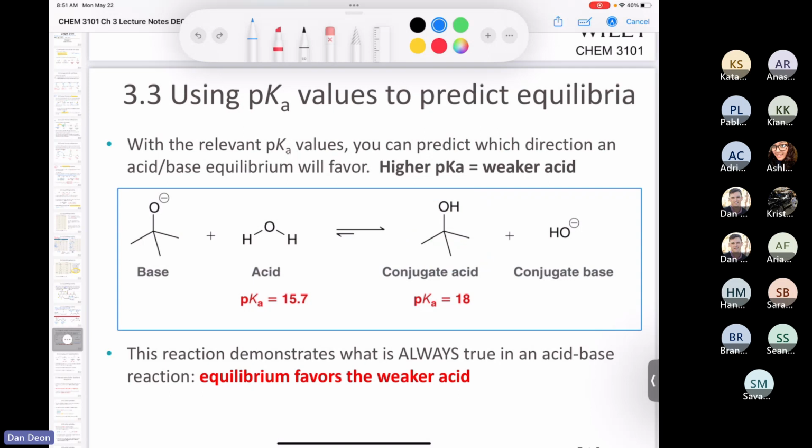Which one is the stronger acid, water or the alcohol? Right, thanks, John. This is going to be the stronger acid, and this one is going to be the weaker acid.